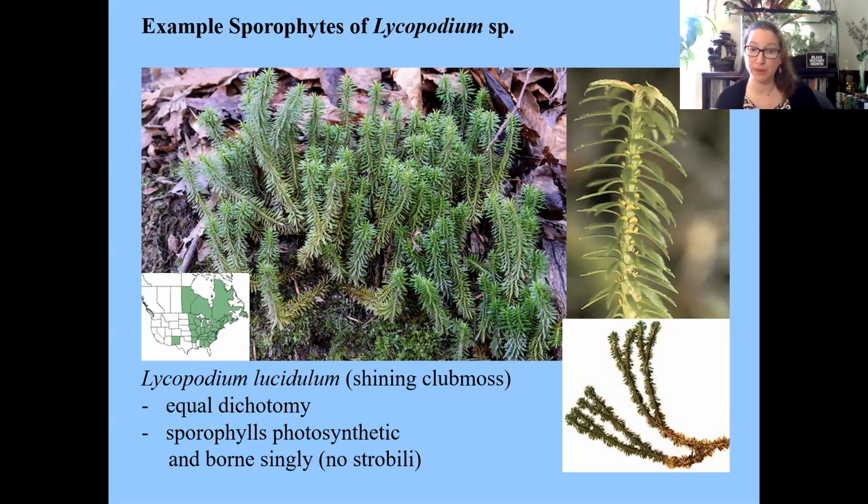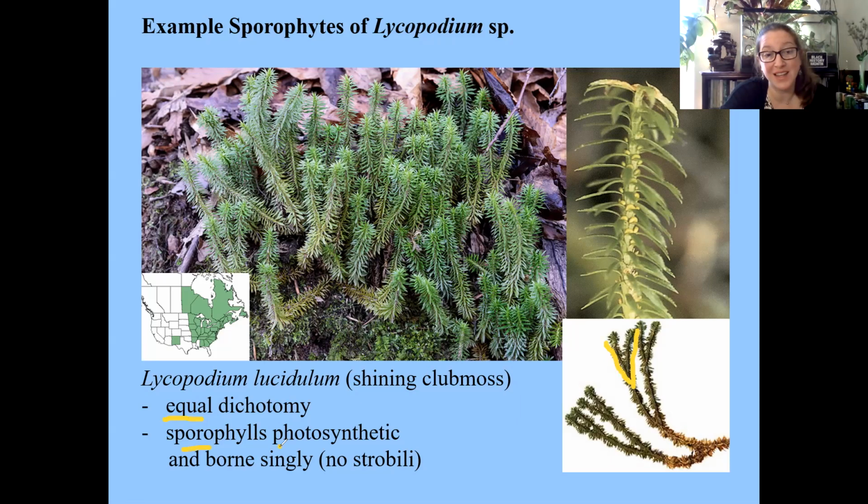And if you're looking at this plant, you can note some things that we just talked about and determine whether this is more of a basal or primitive Lycopodium, or a later, more modern and advanced Lycopodium. So first of all, it has equal dichotomy, right? Grow, split. So that we know is a primitive quality.